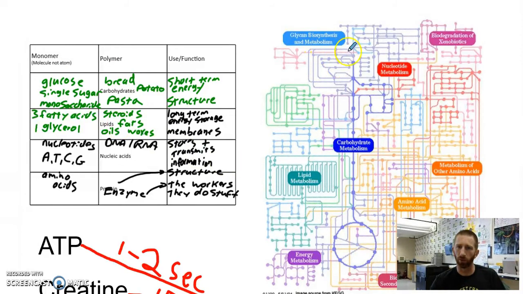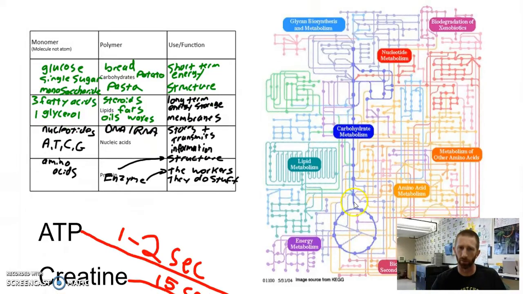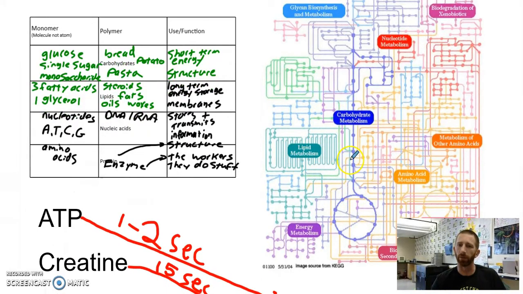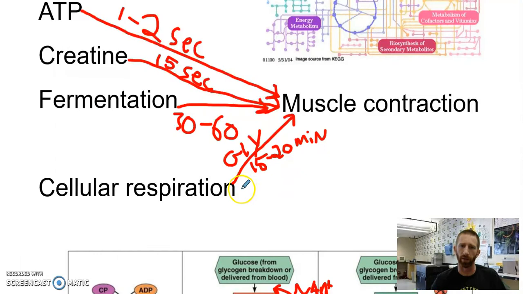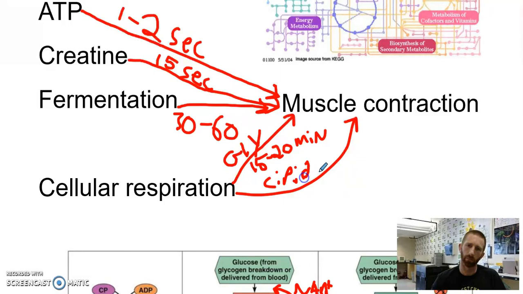Then and only then does it switch to burning fats and lipids, okay? So instead of sugars, glycogen, feeding into the central metabolic pathway, now we have lipids feeding into the central metabolic pathway. So if we use lipids after 15 to 20 minutes, so this is lipids, right, then we can go for hours.